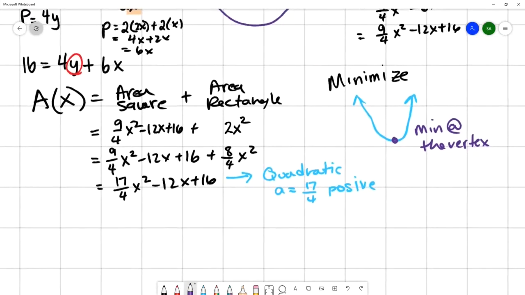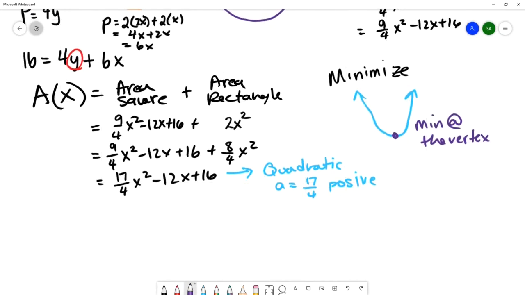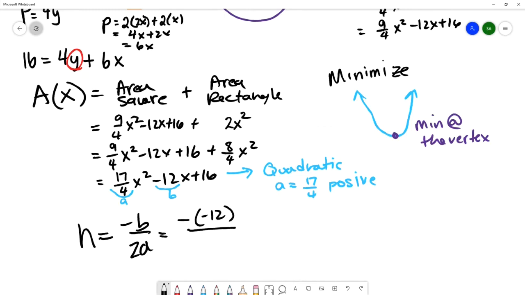So I can find the minimum value and the value at which it occurs by finding the vertex. We have a formula for the vertex. The x-coordinate of the vertex h is -b/2a. So this is our value of a, and this is our value of b. We'll do -12 over 2 times 17/4.